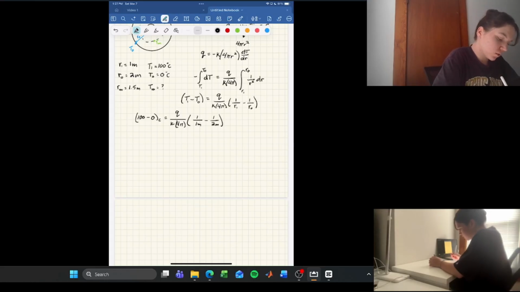So this gives us that 100 is equal to the heat flux times thermal conductivity of 4 pi times 1/2. So this will be 200. Then we can multiply the 4 over as well.